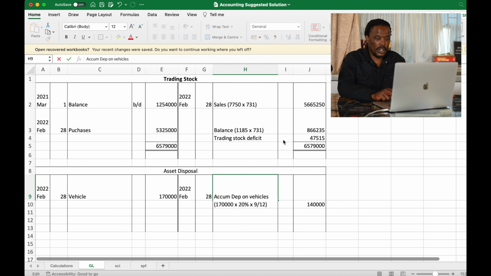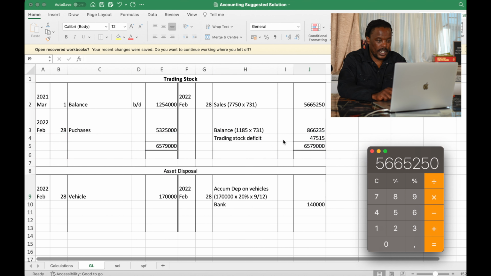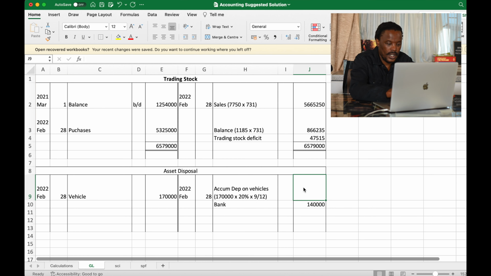And then we calculate that to check how much. Use your calculator as well. 170,000 times 20% times 9 months divided by 12 equals 25,500.